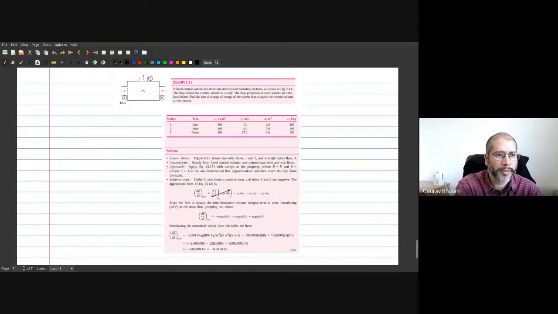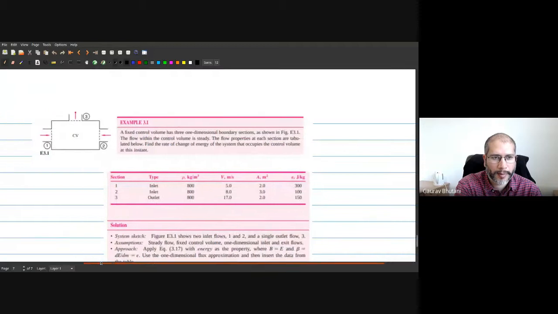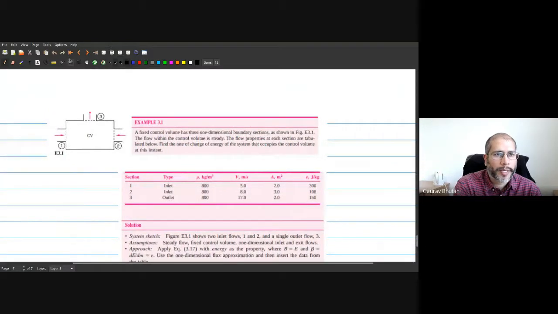So I'll simply demonstrate that to you. Let's zoom into it a bit. What we have here is a fixed control volume shown in this figure, and it has three one-dimensional boundary sections.